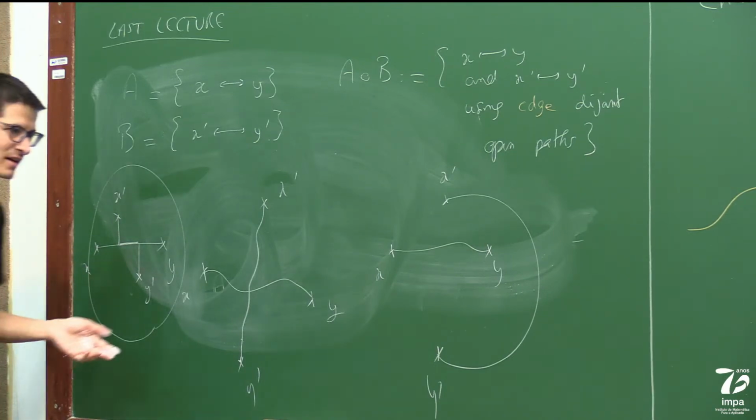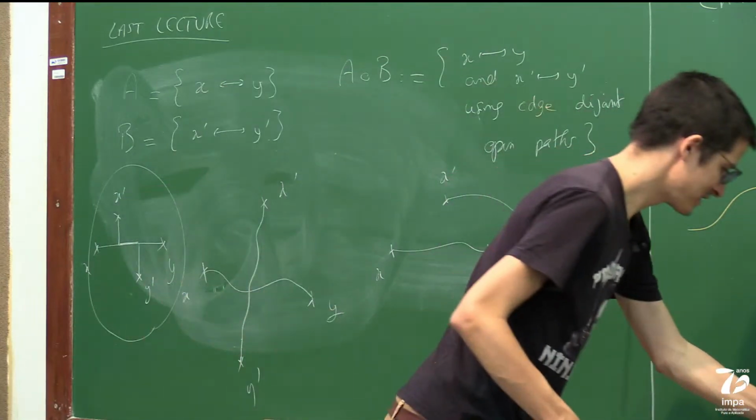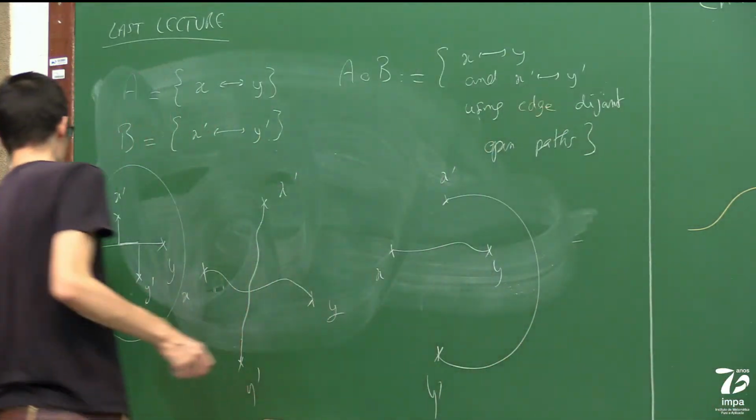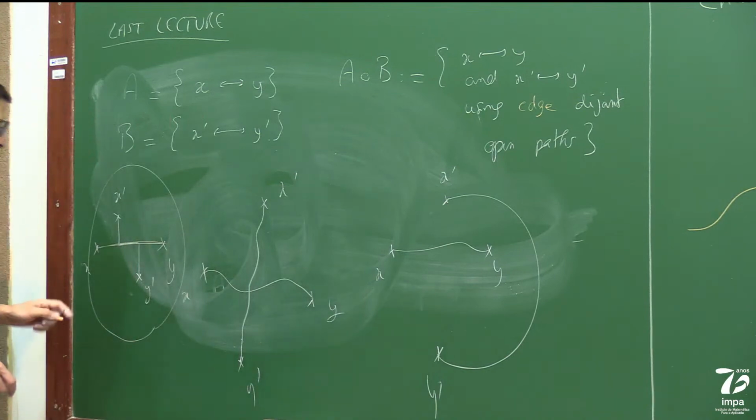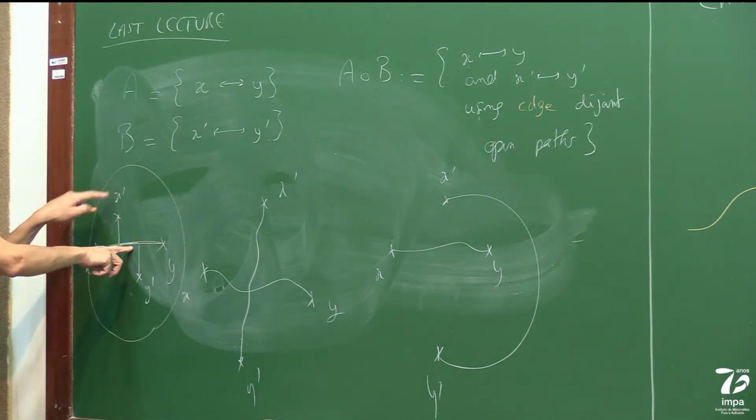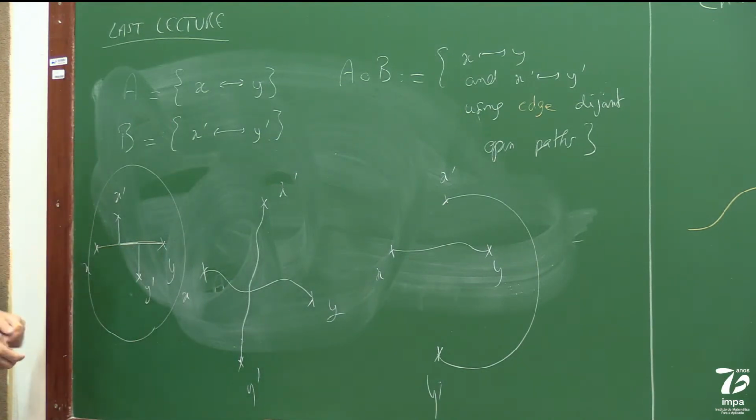If I take an open path from x to y, then I can't use this edge to link x prime to y prime, and I'm stuck.